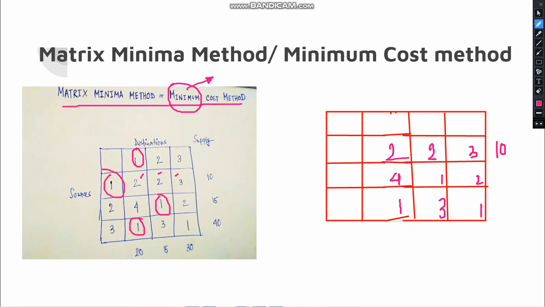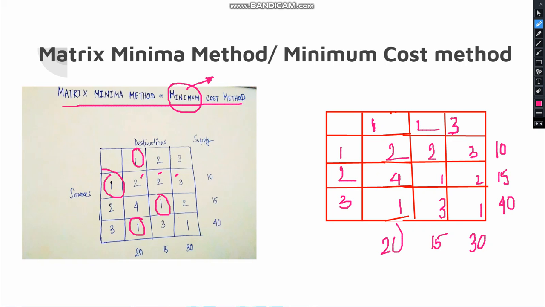So 10, 15, 40, 30, 15, 20. So 1, 2, 3, 1, 2. Okay.